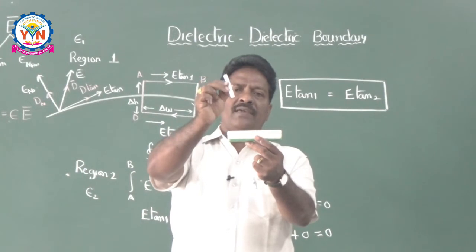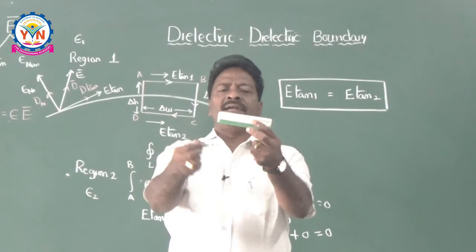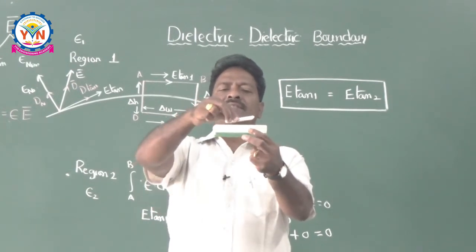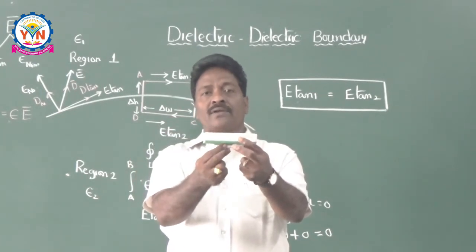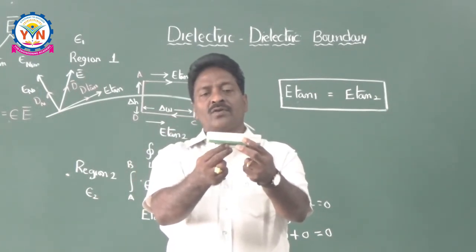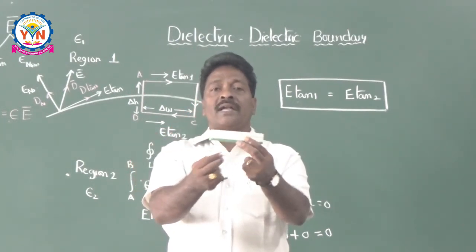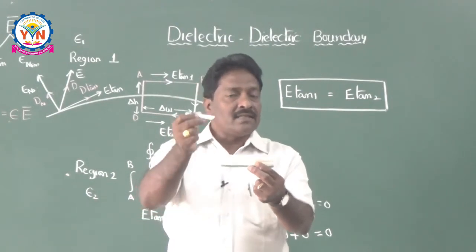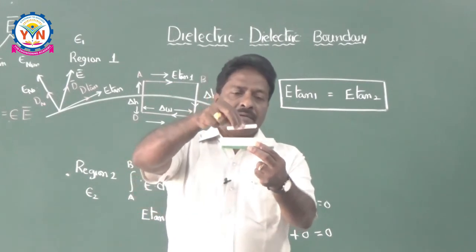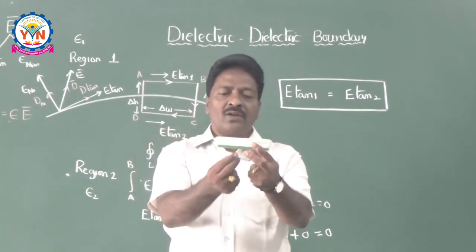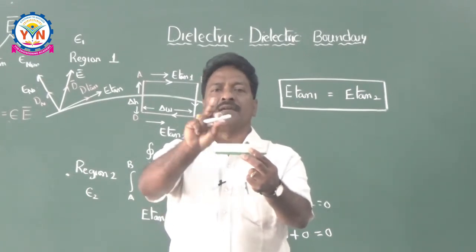Tangential component of E in the first medium, E tan 1, is equal to E tan 2. అంటే ఒక సైడ్ టాంజెన్షియల్ కాంపోనెంట్ ఆఫ్ ఈ ఎంత ఉంటుందో అదే వెనక వైపు కూడా ఉంటుంది, నెక్స్ట్ బౌండరీకి కూడా ఉంటుంది, నెక్స్ట్ రీజన్లో కూడా ఉంటుంది. సో ఈ tan 1 is equal to ఈ tan 2. దట్ మీన్స్ టెక్నికల్లీ ఐ కెన్ సే టాంజెన్షియల్ కాంపోనెంట్ ఆఫ్ ఈ ఈజ్ కంటిన్యూస్ అక్రాస్ ద బౌండరీ. ద మీనింగ్ ఈజ్ ఈ రీజియన్లో ఎంత ఉంటుందో ఈ రీజియన్లో కూడా అంతే ఉండడాన్ని కంటిన్యూస్ అక్రాస్ ద బౌండరీ అంటారు. అంటే దేర్ ఇస్ నో డిస్కంటిన్యూటీ అట్ ఆల్.